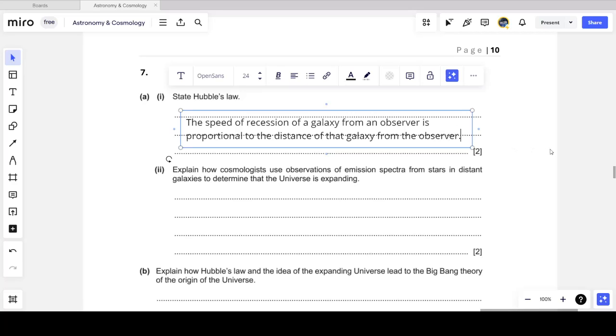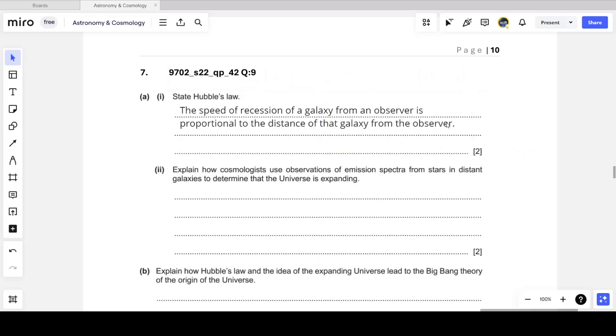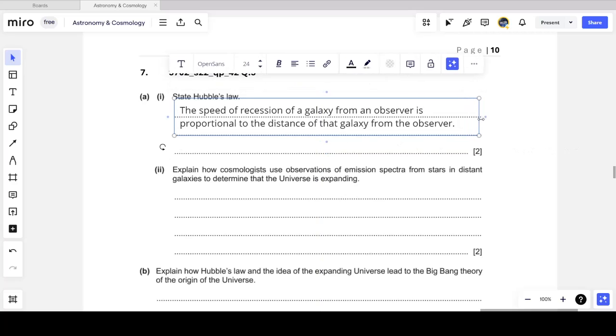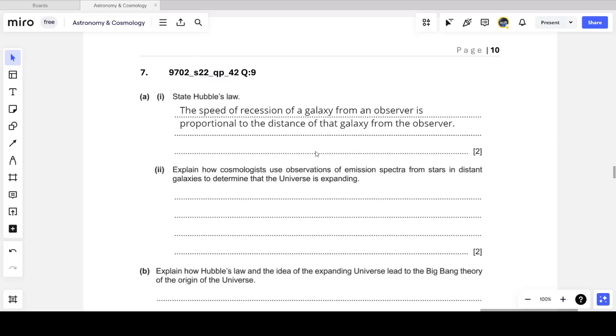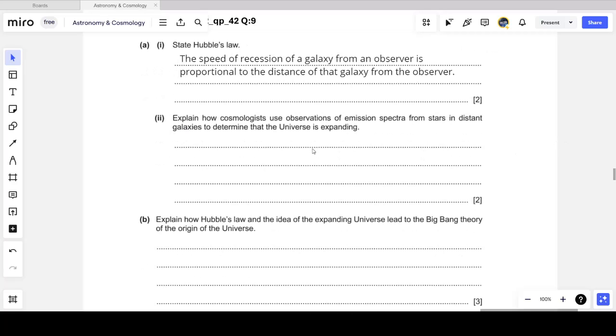The speed of recession of a galaxy from an observer is proportional to the distance of the galaxy from the observer. And so that's Hubble's law in words. You can also, again, write the equation and explain the symbols.